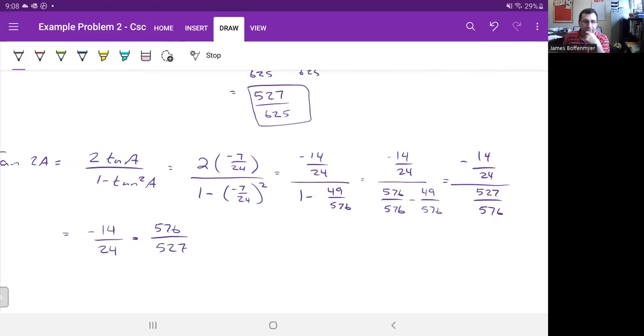Now, I don't have this problem written down on purpose, because 576 and 24, at least they're both even numbers. You can divide them both by 2. So 576 divided by 2 would be 288. 24 divided by 2 will get us 12.